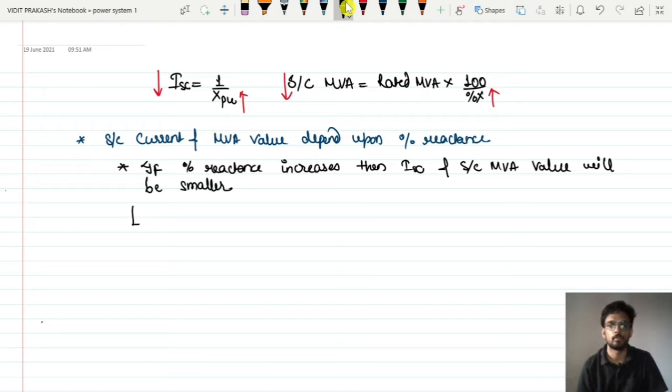So for that we need a reactor, which will increase the percentage reactance value and limit your short circuit.